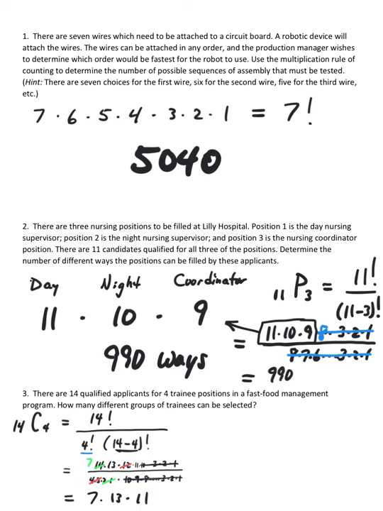Everything in the denominator got canceled. Okay, so we have 7 times 3, times 13 times 11. I get 1,001. So there are 1,001 different groups of 4 out of 14 applicants.